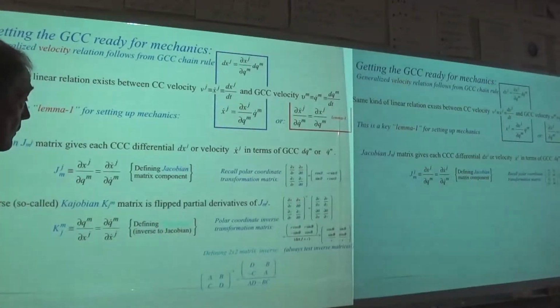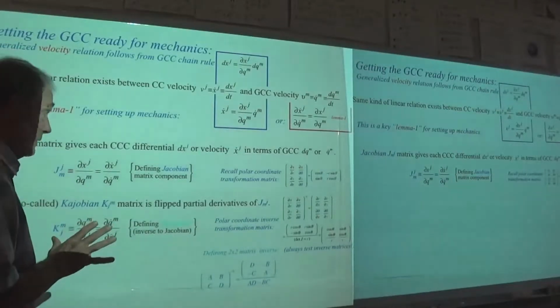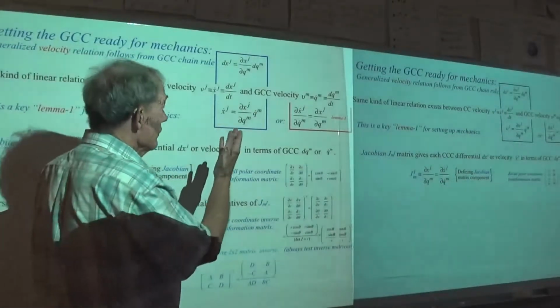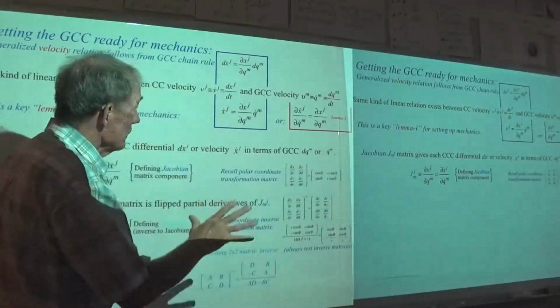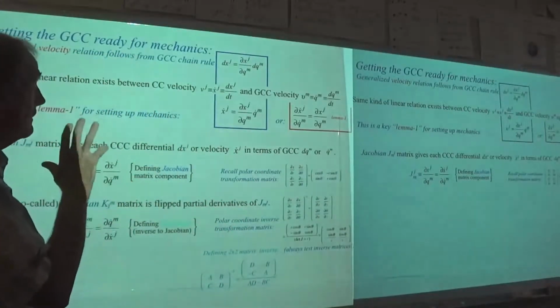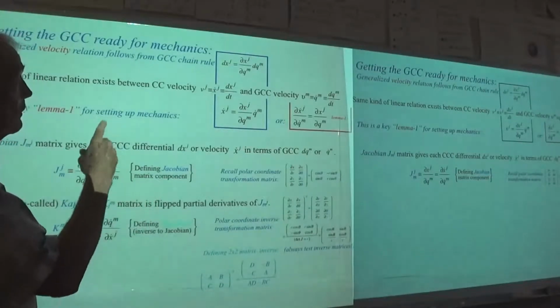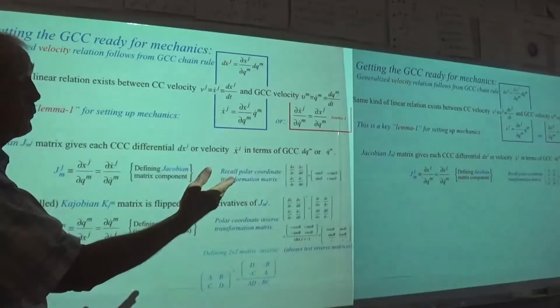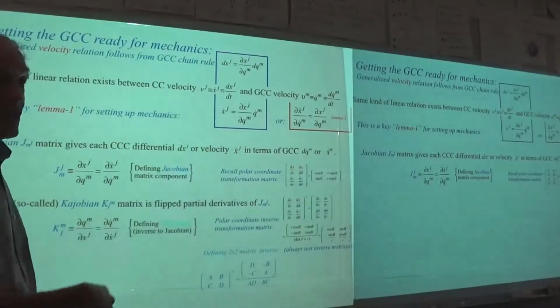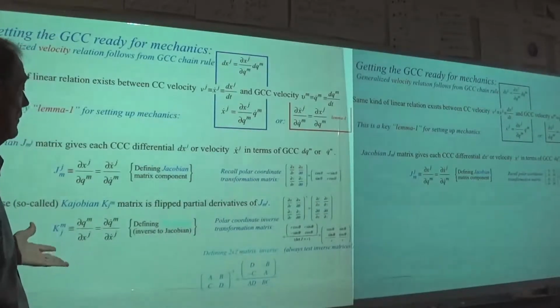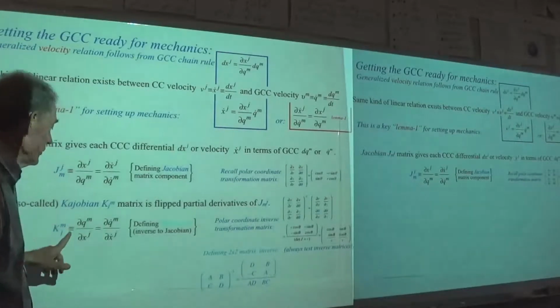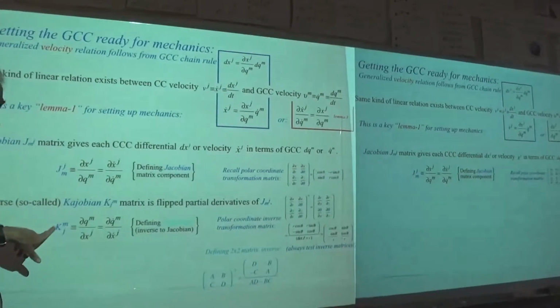Now, very often, the actual functional definition of a particular queer coordinate system may be really queer. That is, you can't find an easy solution where you get the q's in terms of the x, y's, and the z's that go with the Cartesians. If that's the case, you would kind of be stopped right here, except for something that turns out to be really neat.